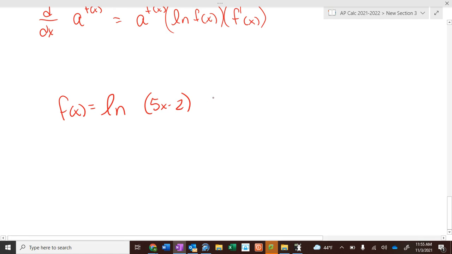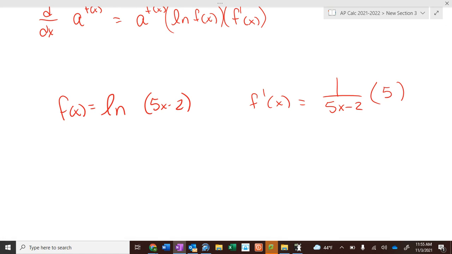So it's 1 over the function. So the first derivative of this would be 1 over the function, 5x minus 2, times the first derivative of the function, 5. Easy peasy. It's 5 over that. That's because it has a natural log.